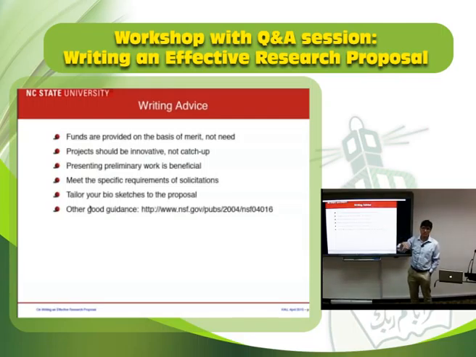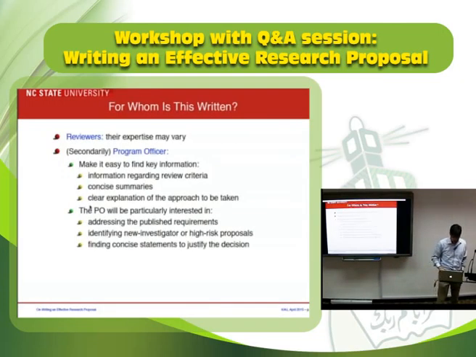So if I'm doing work on RSA, but the only thing I put in my biosketch is my recent work on future network architectures, that doesn't establish that I'm an expert in this area, okay? And I can provide those slides. There are a lot of guidelines from NSF itself that you can follow up on.